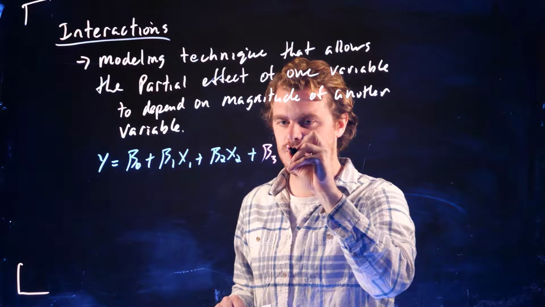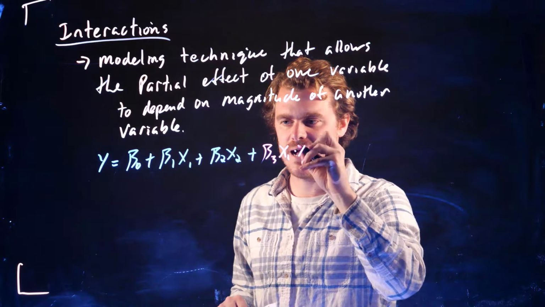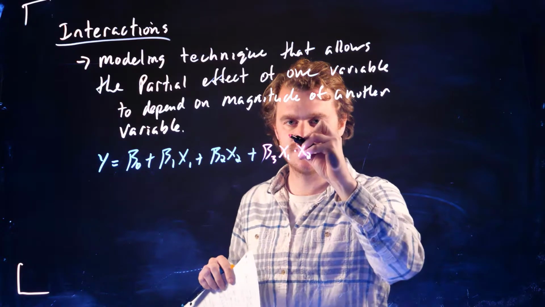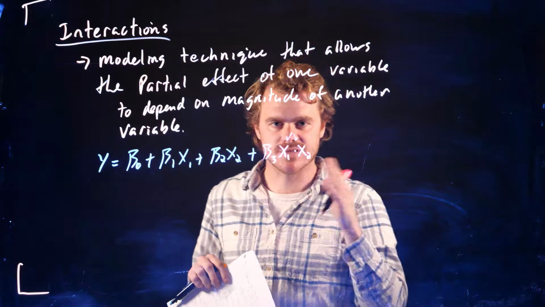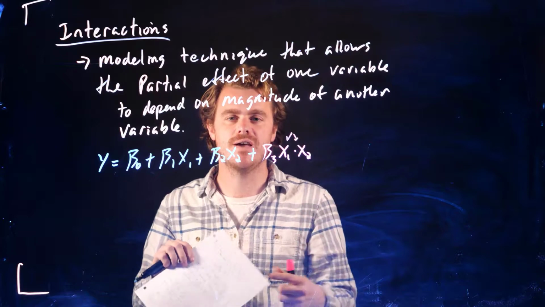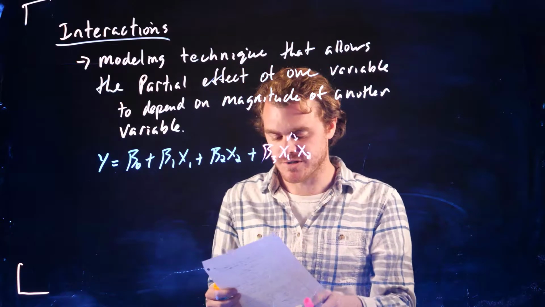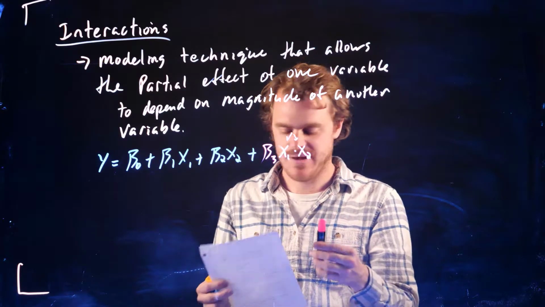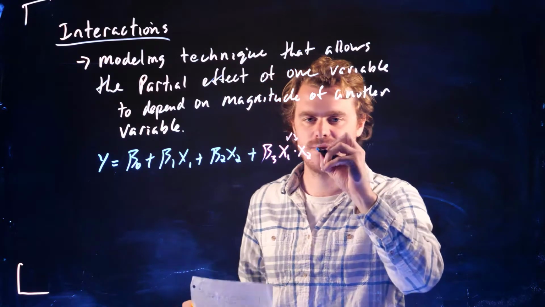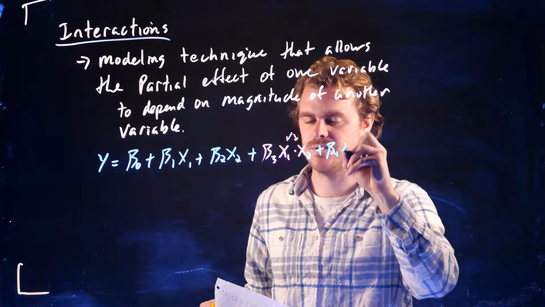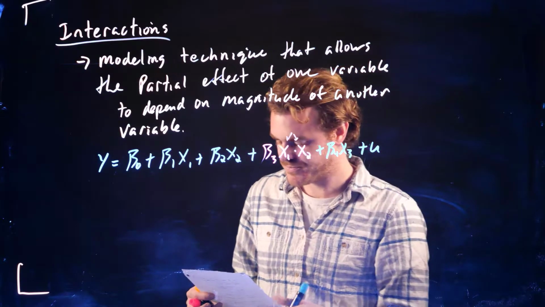So beta 3 times x1 times x2. This is that interaction because they're multiplied. It's like a new variable that's these two independent variables multiplied by each other. And then maybe we have another one, beta 4 x3 plus u.